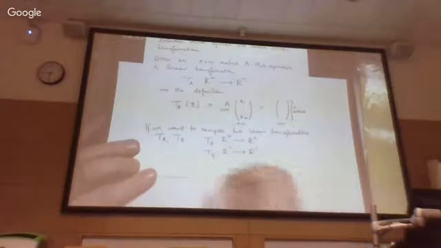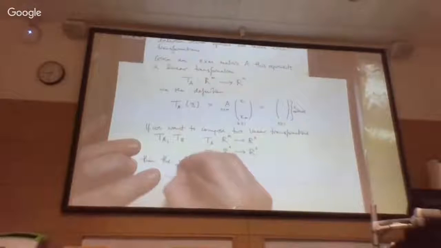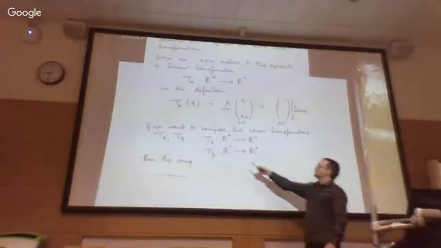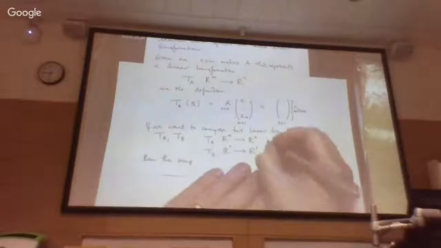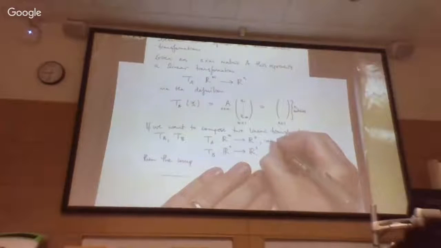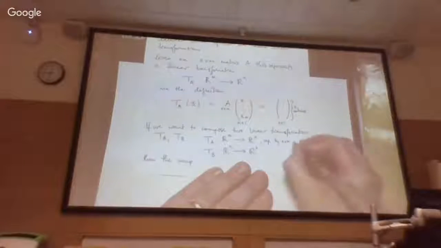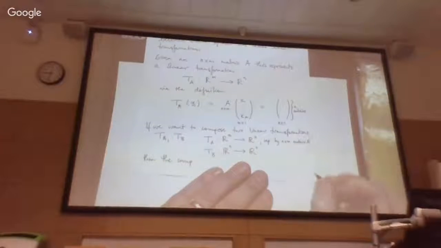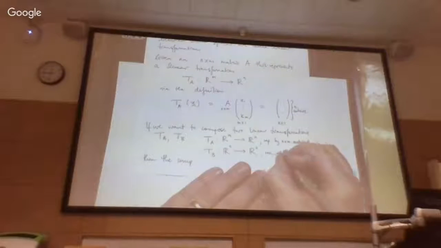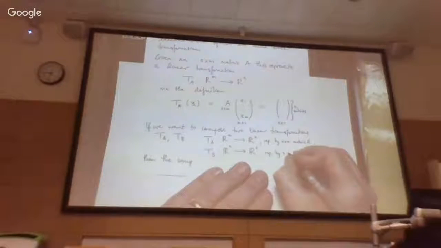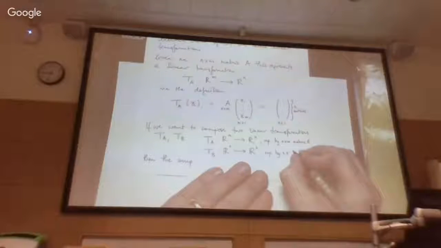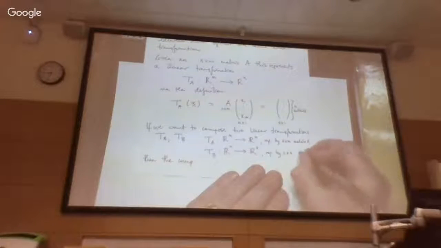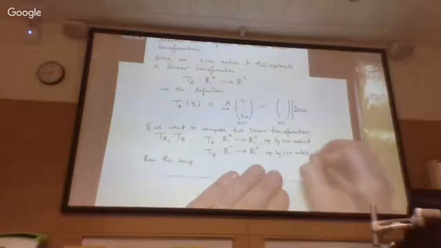By putting a B here, I'm saying that T_B is represented by a matrix B. So this one is represented by the n by m matrix A. This one is represented by an s by n matrix B.